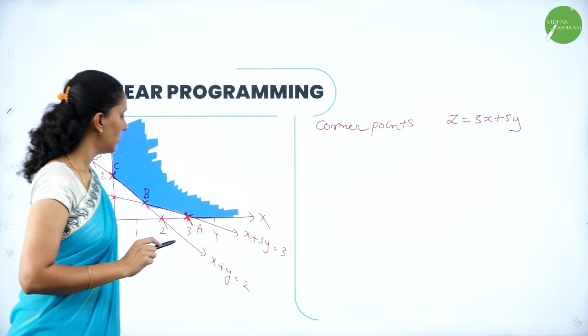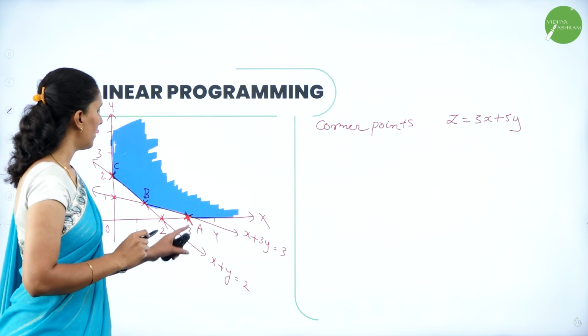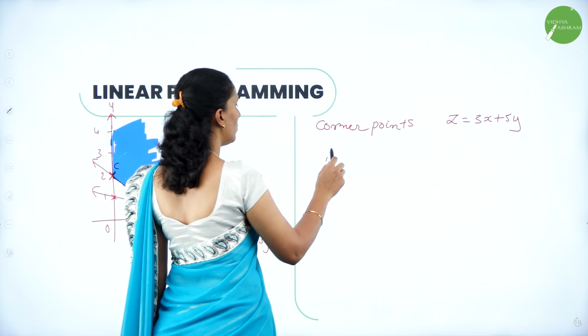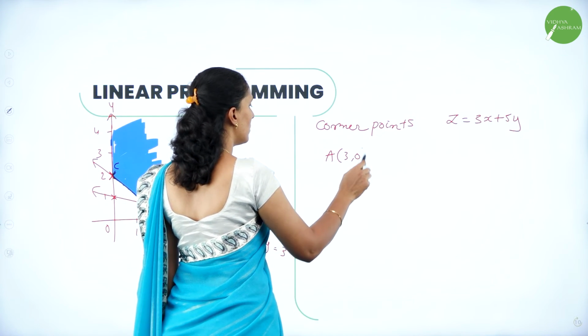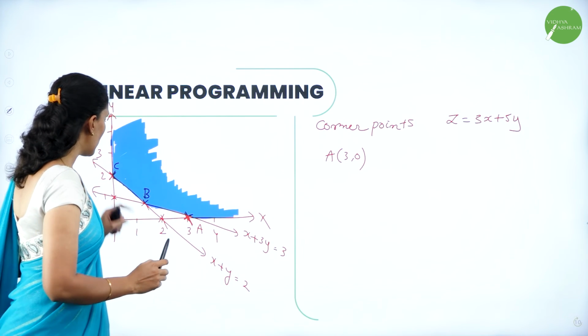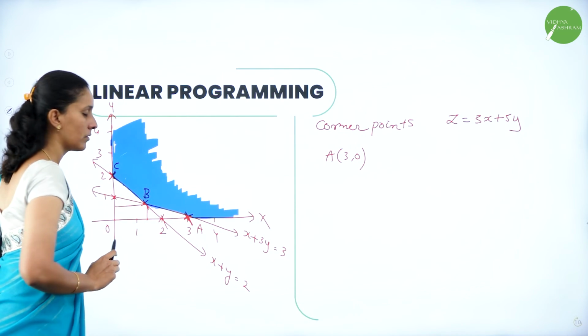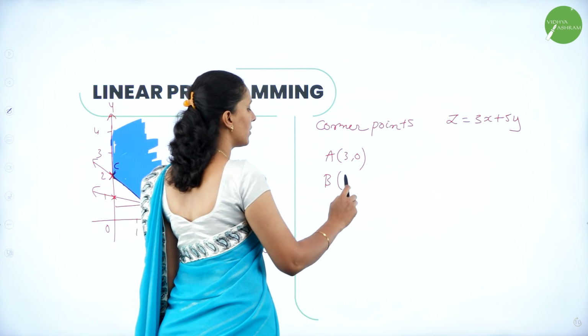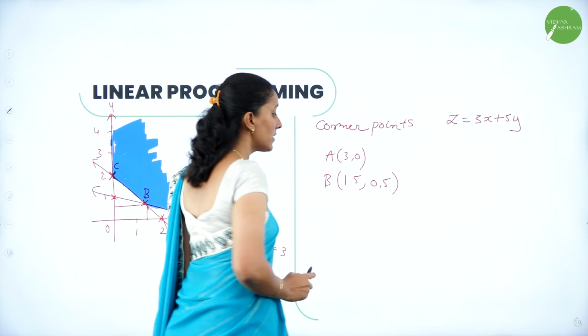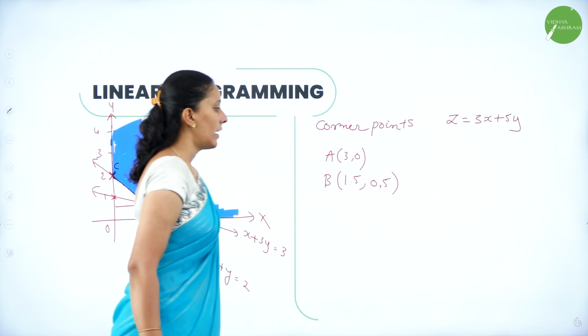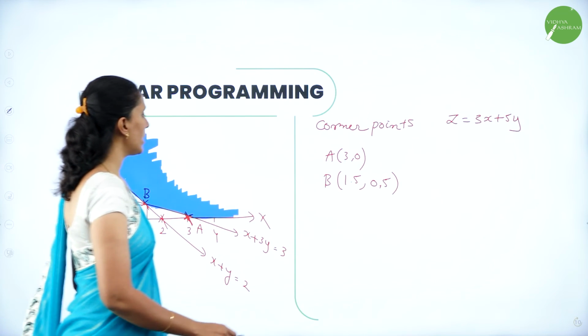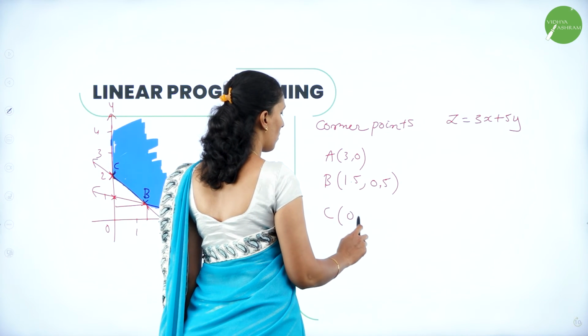The first point is A, 3, 0. B you will get when you observe the graph here. You can take B as 1.5, 0.5. Next, C is the point 0, 2.